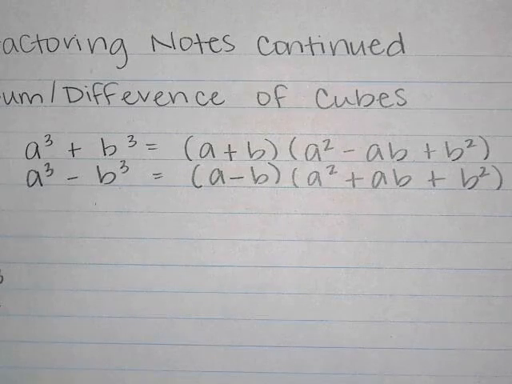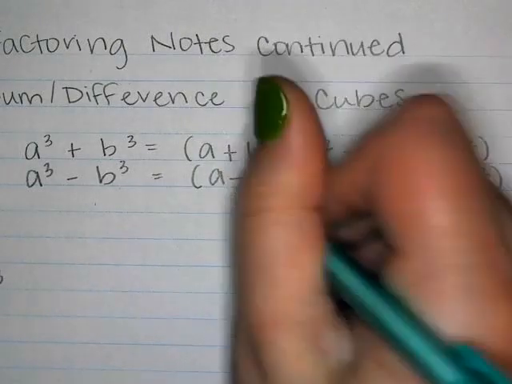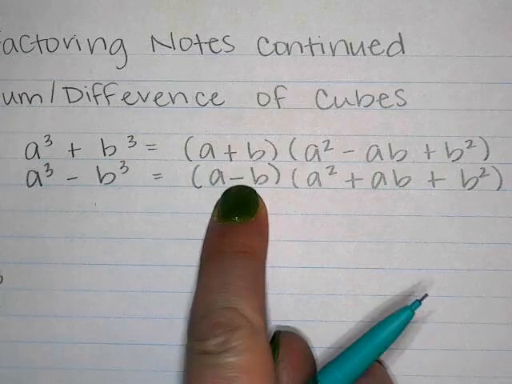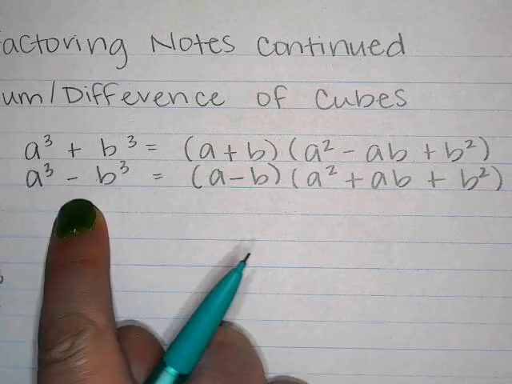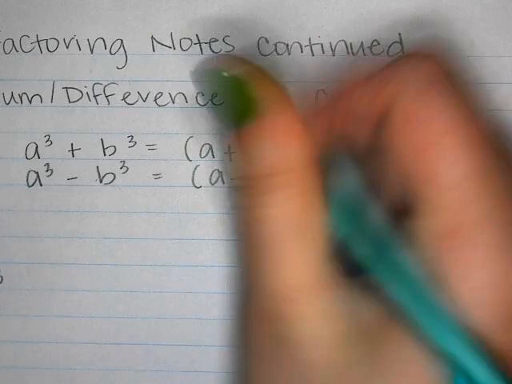So they're very similar. There are two ways that I remember how to do this. First of all, did you guys learn this in Math 3? Not familiar? Okay. So the way that I remember this is the first sign matches the sign of the problem. So it's the same sign.